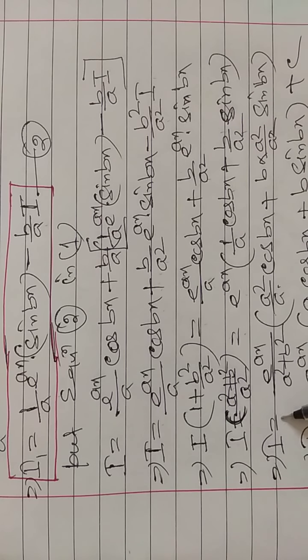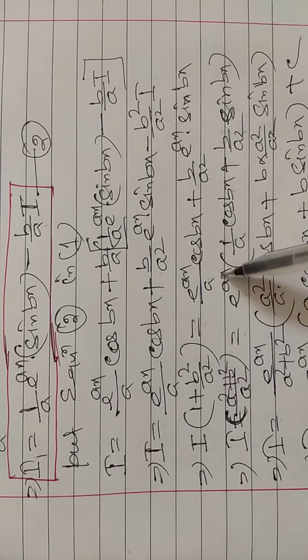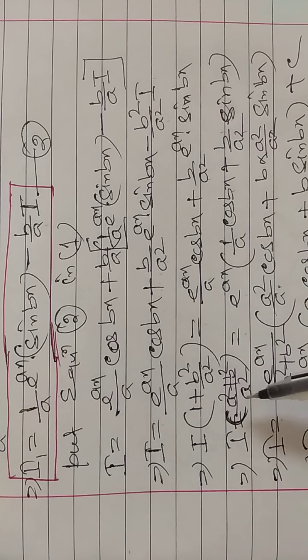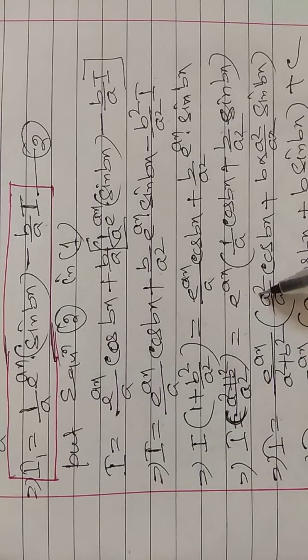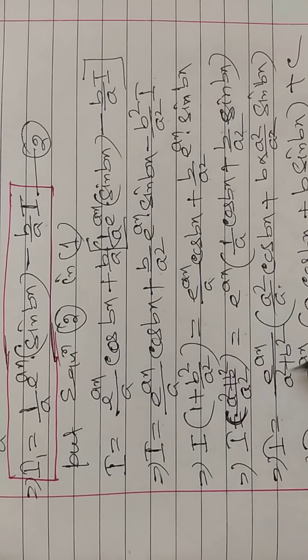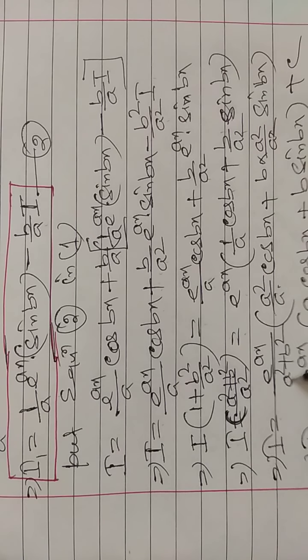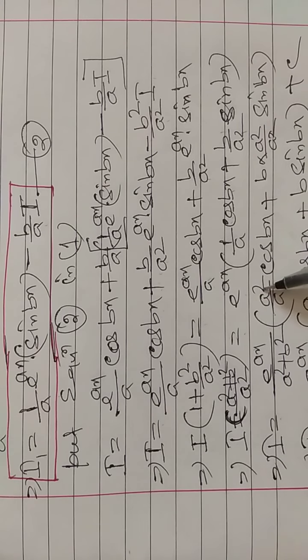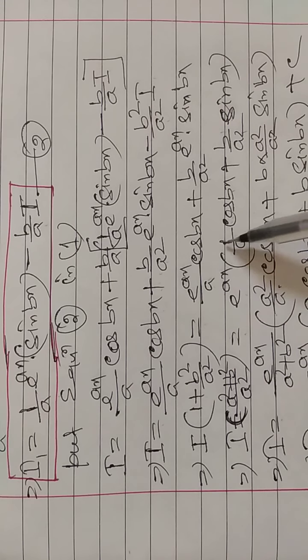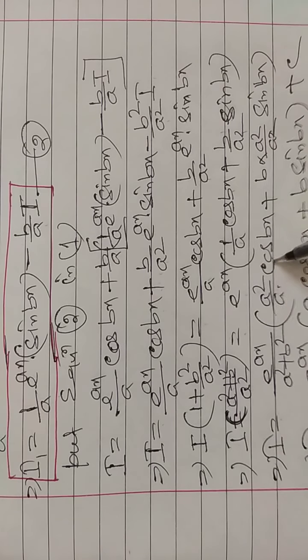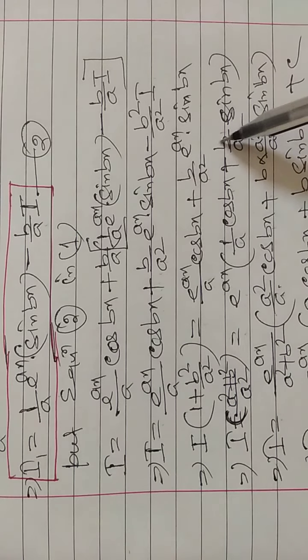And this implies I is equal to e to the power x, multiplying a square by a square plus b square on the right hand side, that is a square by a cos bx plus b by a square into sin bx.